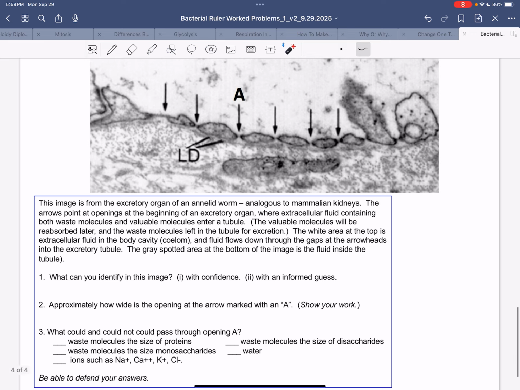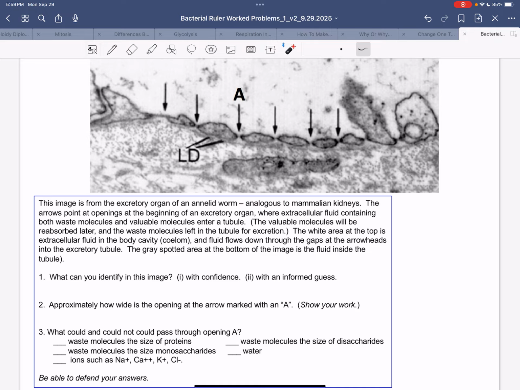And it is going to go into the tubule. This is the lumen, or the space of the tubule. And so the waste molecules are entering the tubule through these little gaps. All these arrows are showing gaps, tiny pores that material can enter.